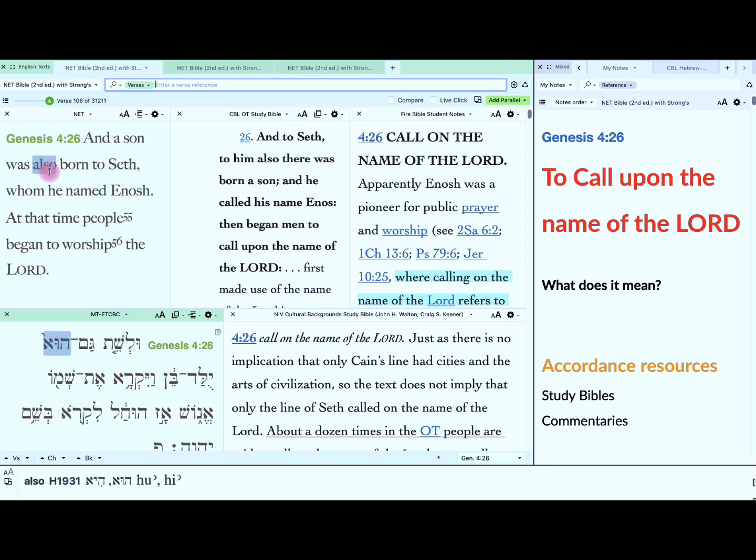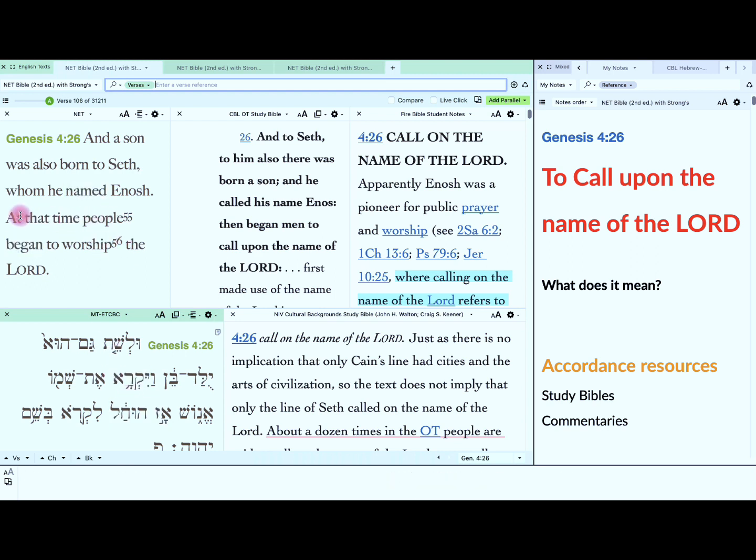And a son was also born to Seth, whom he named Enosh. At that time, people, this version also uses the word people, although in the Hebrew this word is in singular, okay, but in people it doesn't show in Hebrew.